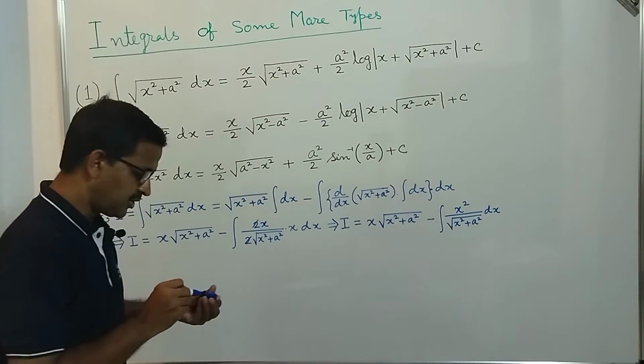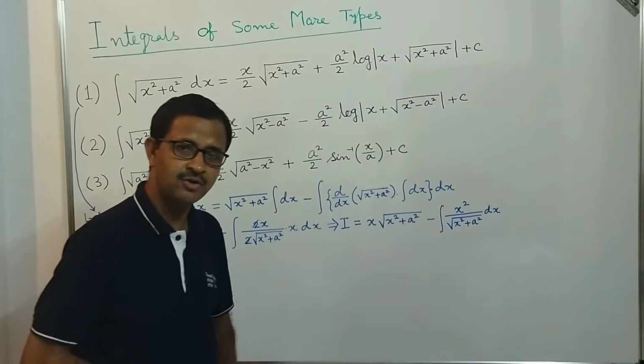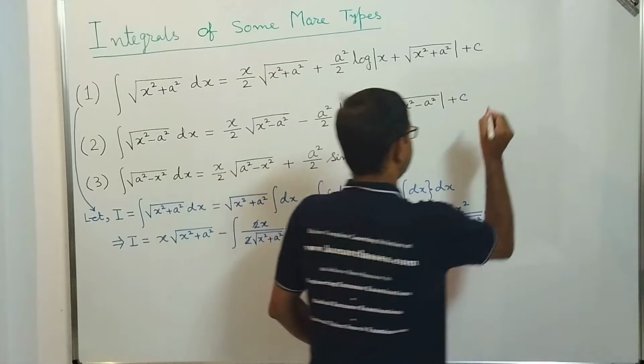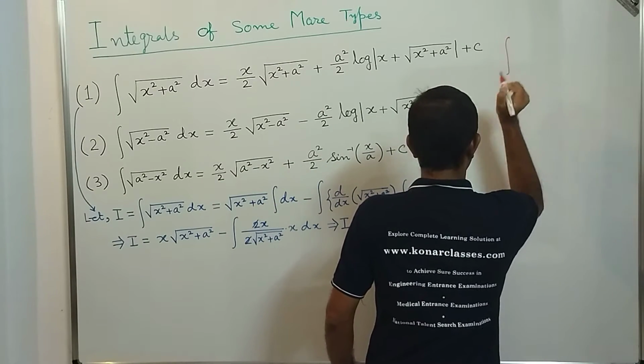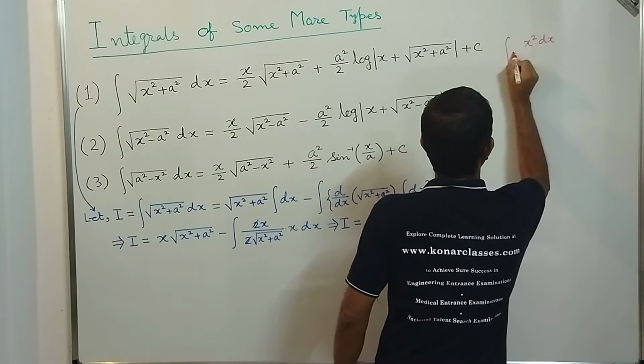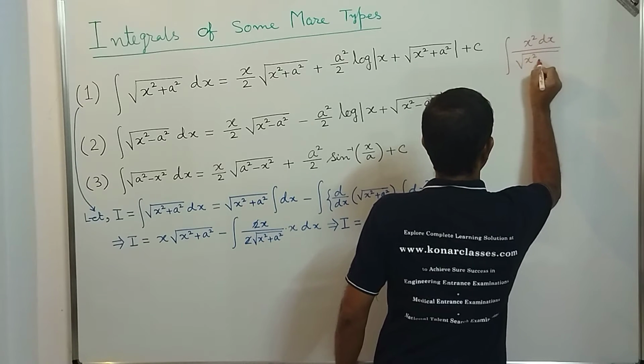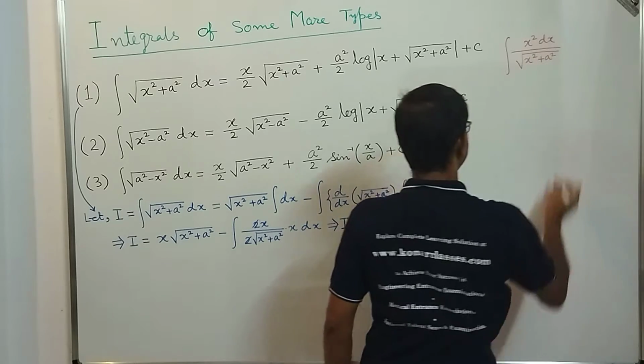Now dear students, we need to perform the integration of x square by square root of x square plus a square. So the integration of x square dx divided by square root of x square plus a square.